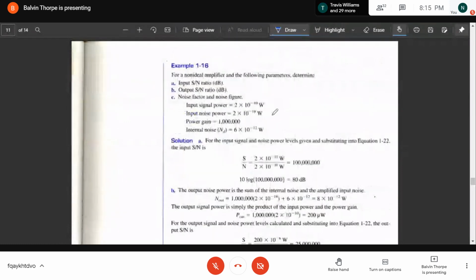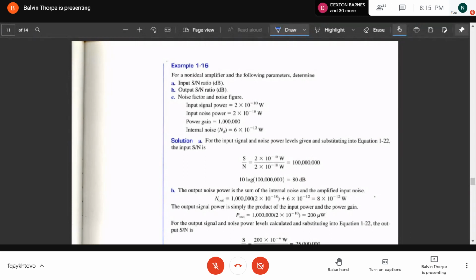So here is an example, ladies and gentlemen, for a non-ideal amplifier and the following parameters. You must determine A, the input signal to noise ratio in dBs, the output signal to noise ratio, and by extension, the noise factor and the noise figure. Given that the input signal power is 2 times 10 to the minus 10 watt.